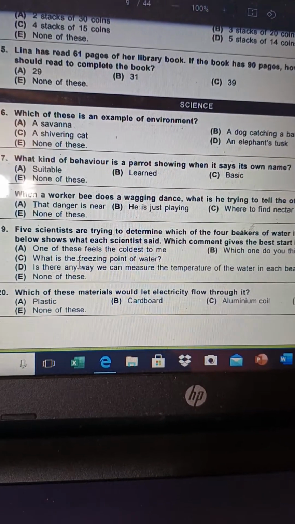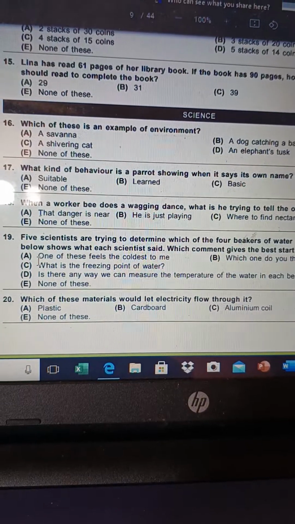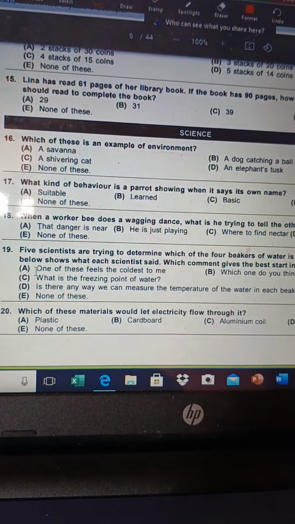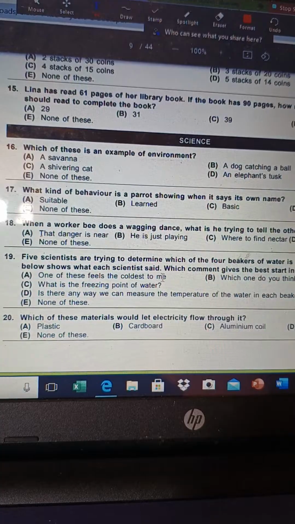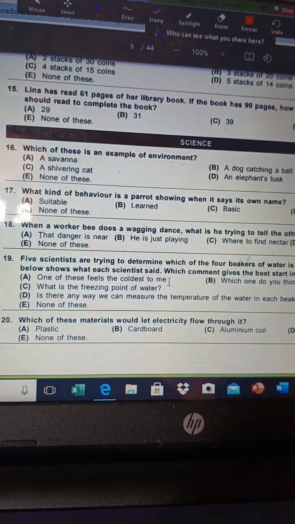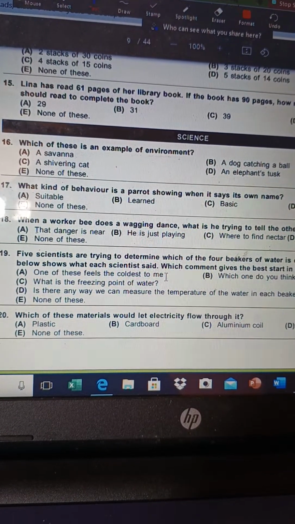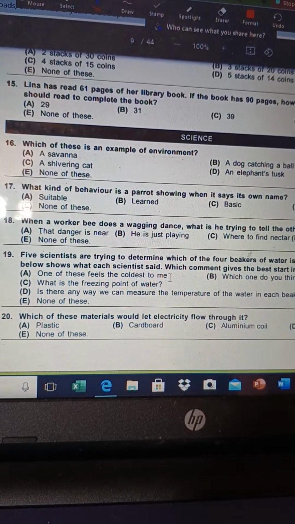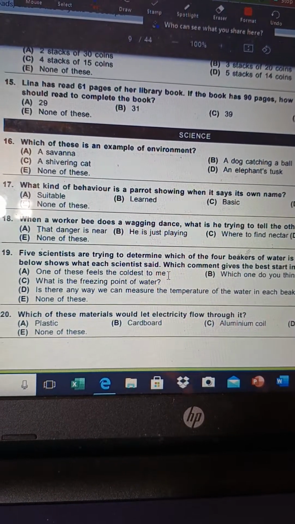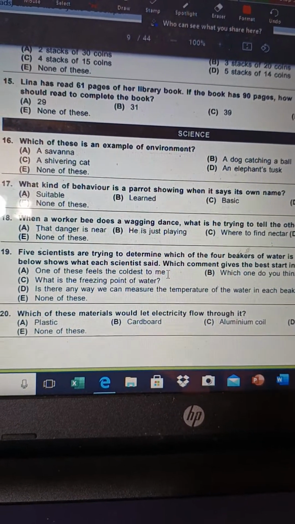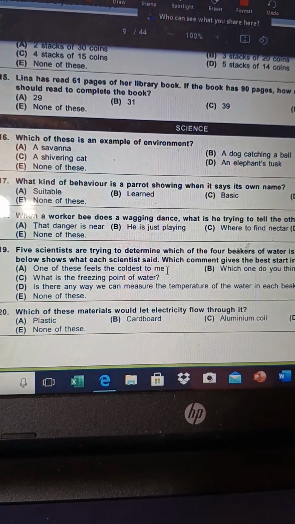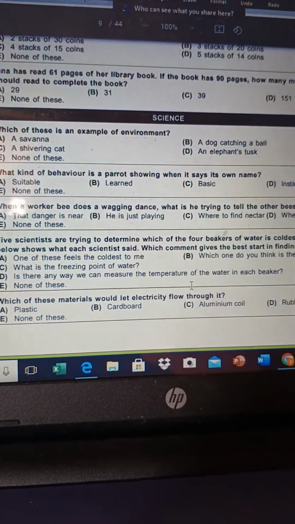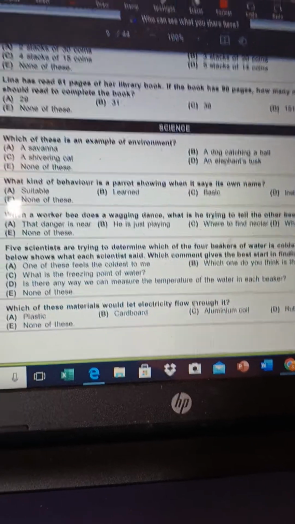Similarly, I cannot say the answer as this one. One of this feels the coldest to me. So what should be the answer? I have to give the correct answer. So I need the measurement or the unit of measurement or some machines or tools with which I can measure the temperature of the water.